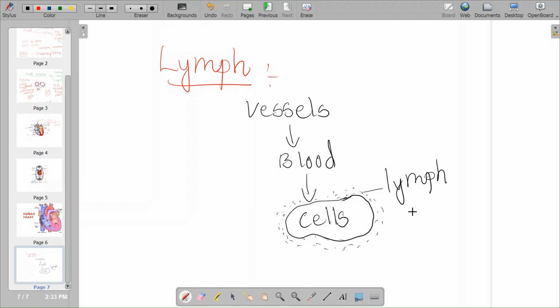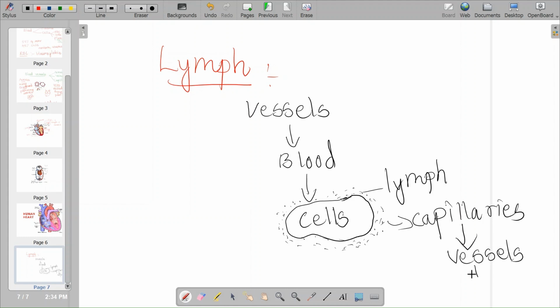It contains plasma and some amount of proteins. Now we have the lymphatic capillaries. These lymphatic capillaries receive all this fluid from outside the cells, and the lymphatic capillaries open into lymphatic vessels, and lymphatic vessels open into veins, so that there is no wastage of this fluid out of our cells and the tissue.